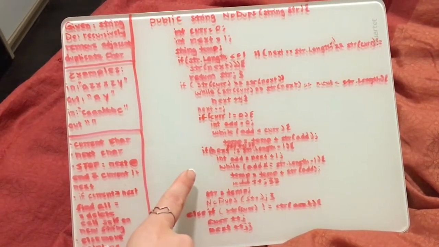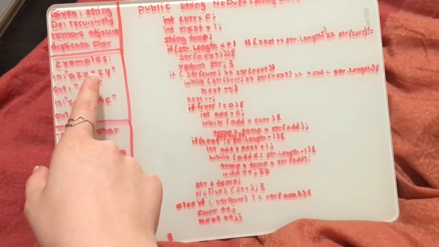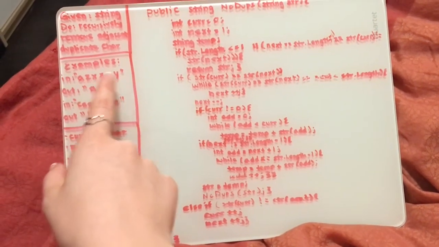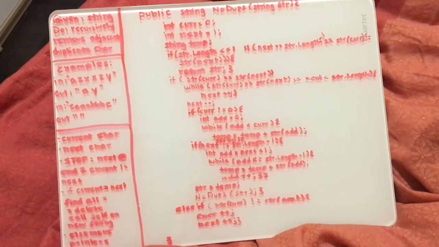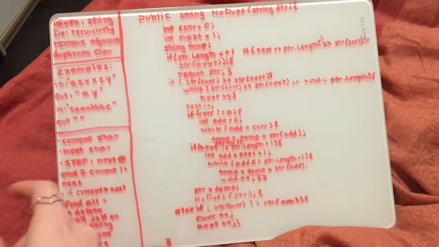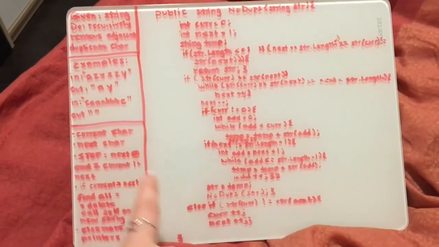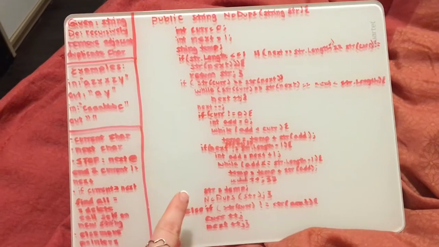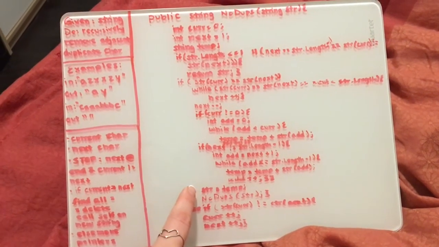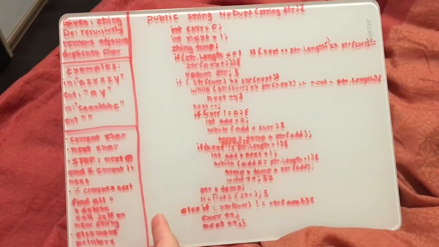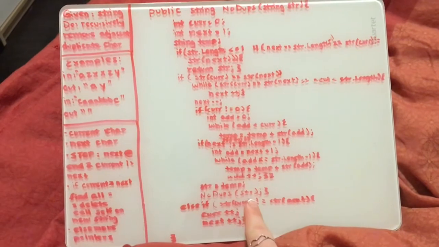Then we're going to check if next is not equal to the length of the string minus 1, which it isn't because it's 3 and the length of the string minus 1 is 5. We're going to add the Z and Y to our temporary string. Then we will set our string equal to our temporary string and call our method on our new string.